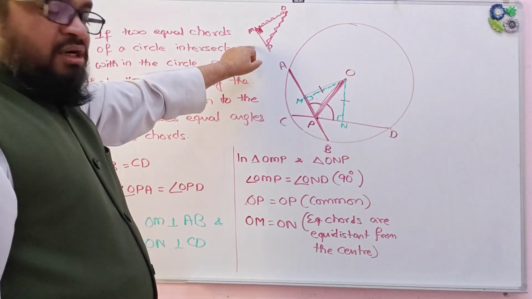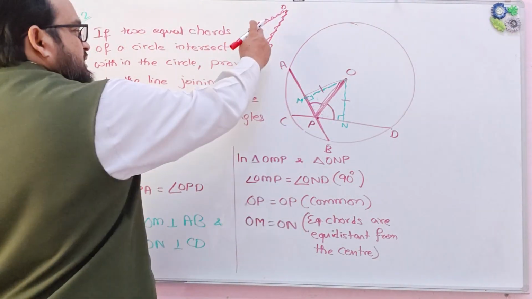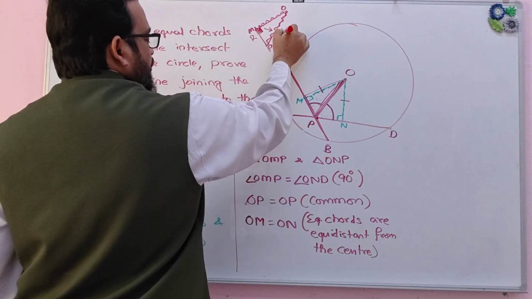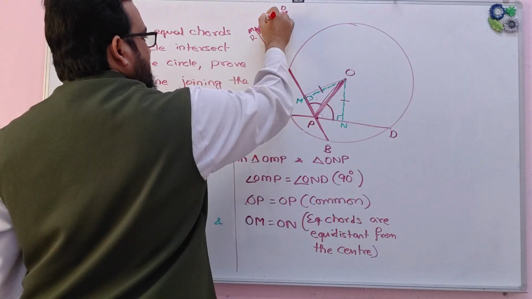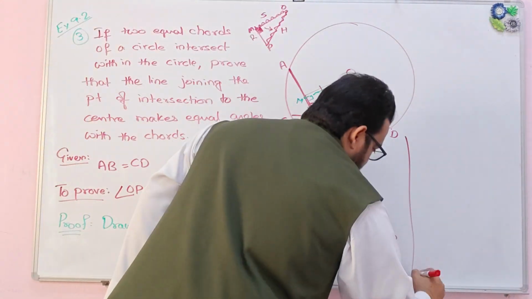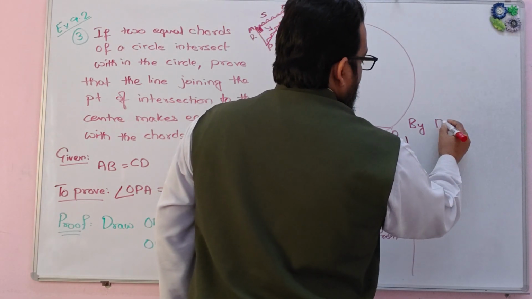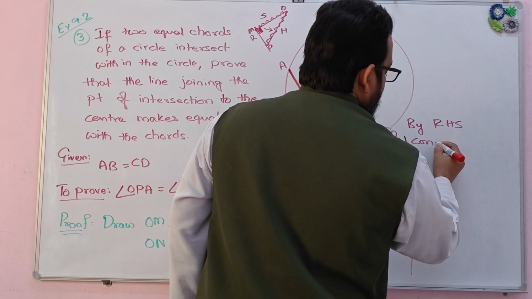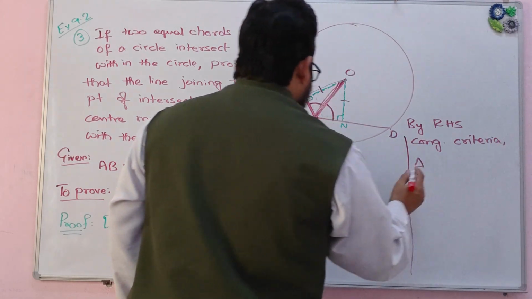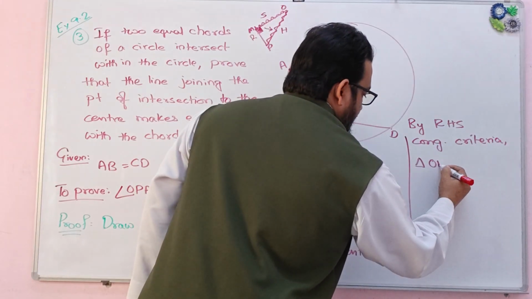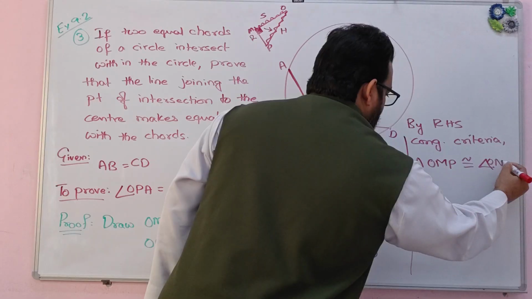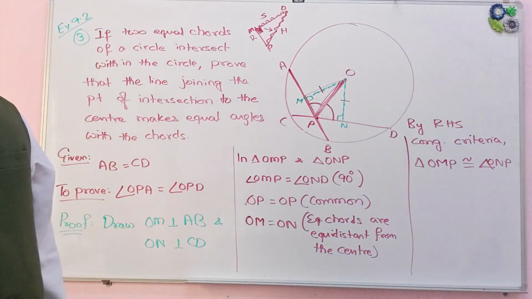So what else can we see? This is 90 degrees, therefore R, and the side opposite to it is the hypotenuse, and this is a corresponding side. So can we use RHS congruency? Yes. So by RHS congruency criteria, triangle OMP is congruent to triangle ONP. So these two triangles are congruent.